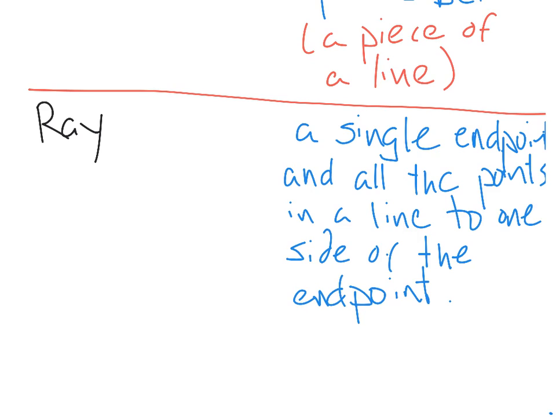So a ray is, in a sense, and this is very non-mathematical, half a line. So it starts in one place and then it just goes on forever in one direction, but it does have a single endpoint.